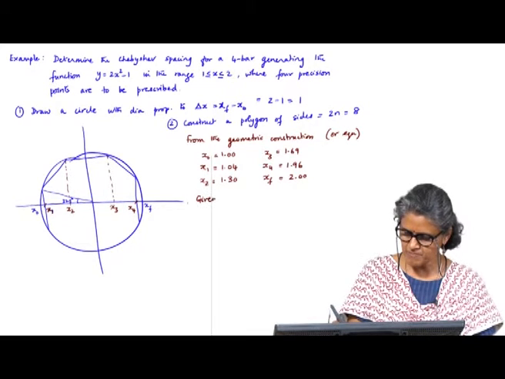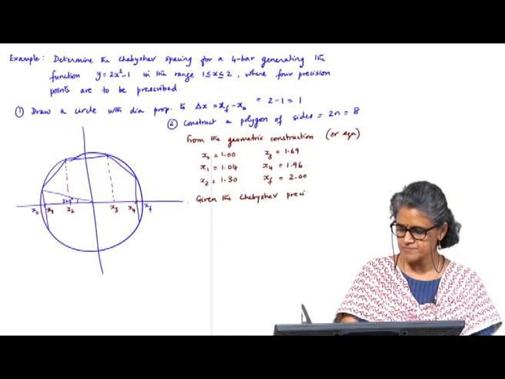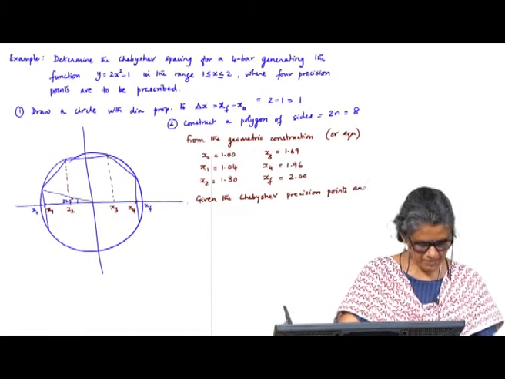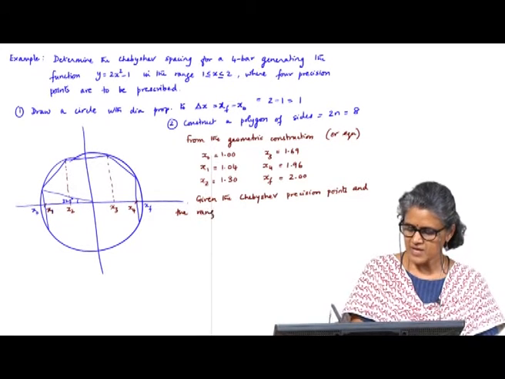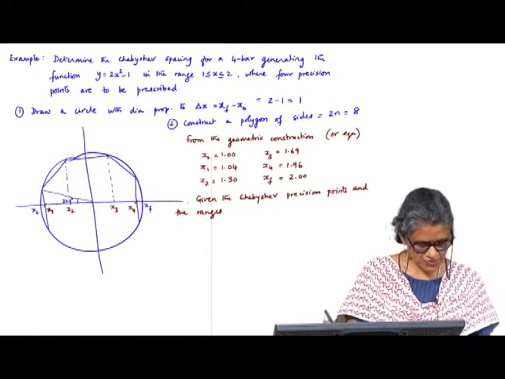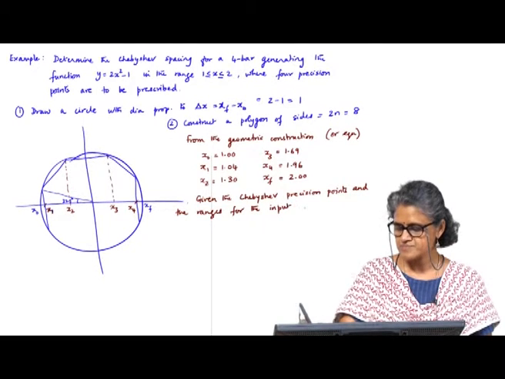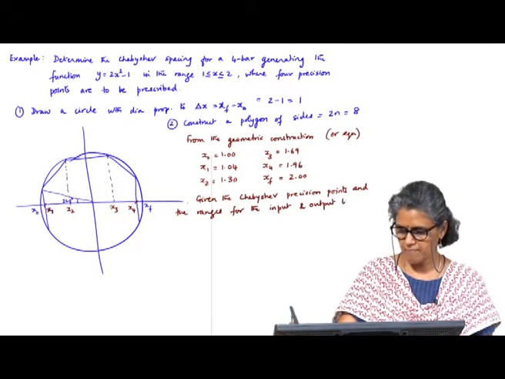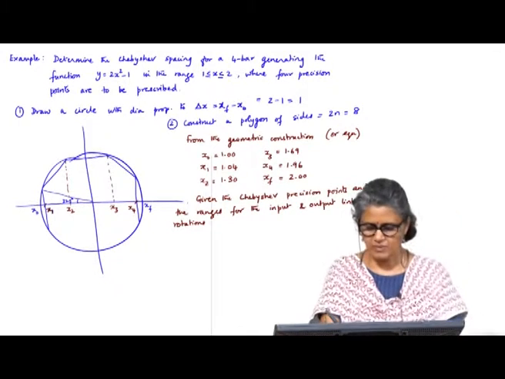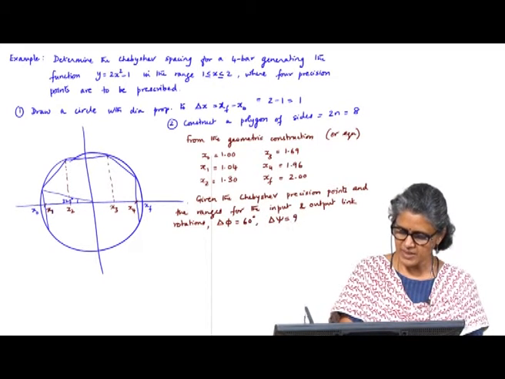So now, given the Chebyshev precision points for the function in terms of x, because I could design multiple linkages for this depending on the range that I choose for the input and output links, the ranges for the input and output link rotations are given as delta phi equal to 60 degrees, delta psi equal to 90 degrees.